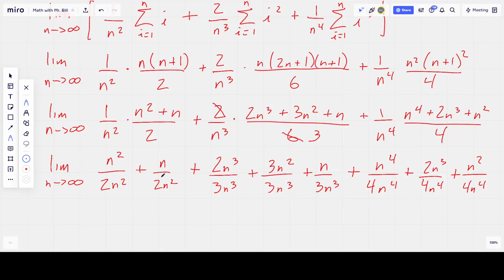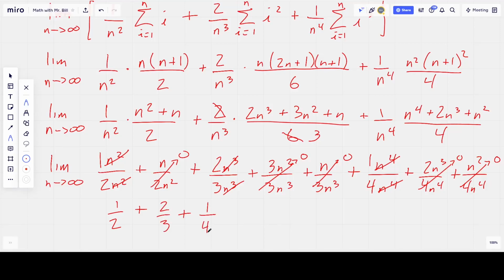Taking the limit of any of these fractions where the degree on the top is less than the degree on the bottom, they're all going to become 0. So we can cross out all of those and mark them as going to 0 in the limit. What remains, the power on the top and the power on the bottom all cancel, and we're left with 1/2 plus 2/3 plus 1/4.